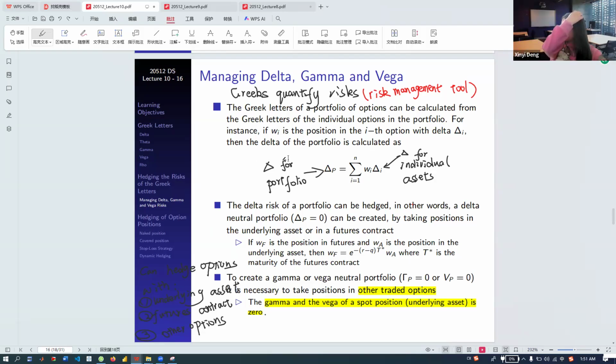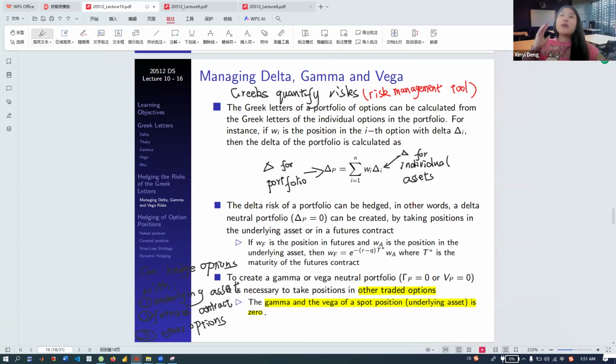We kind of already did this before, but more formally, delta for the portfolio, delta P, is equal to the weighted average of delta of each asset in the portfolio. So it's w_i times delta_i, summing up from i equal to 1 to n.